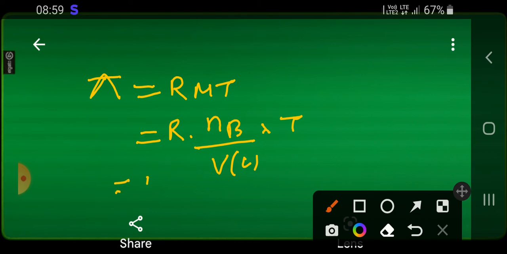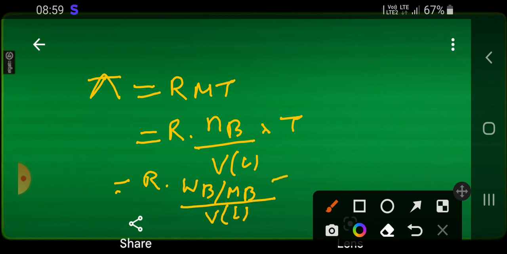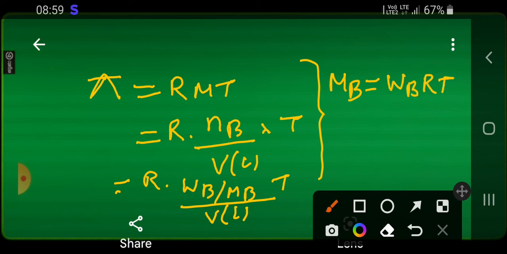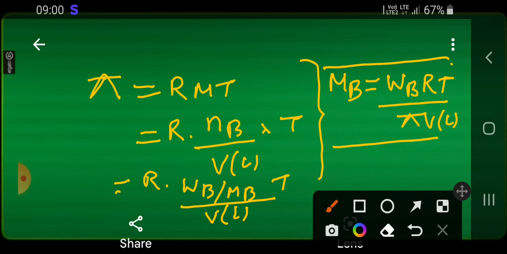Now in place of n_B, the number of moles of solute, we can write W_B by M_B, volume in liter and temperature. Now finally we observe M_B is equal to W_B RT by pi V in liter. This is the required expression that we are trying to find out.